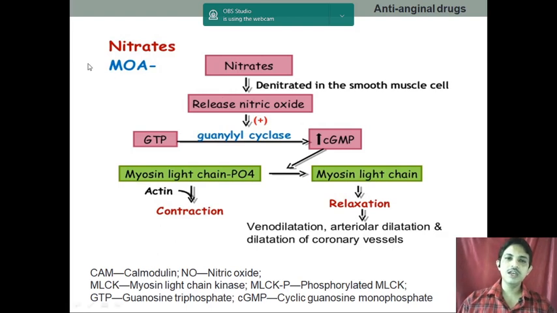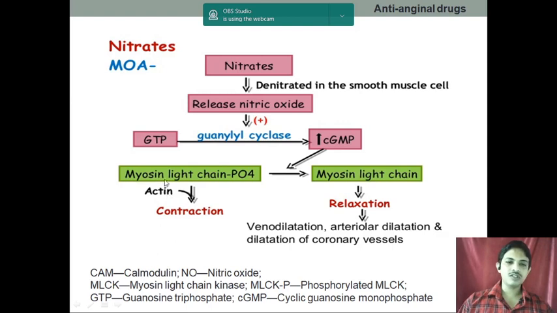Now, GTP or guanosine triphosphate, in the presence of guanyl cyclase, converts into cyclic GMP. This process is initiated by nitric oxide, and nitrates are responsible for the release of nitric oxide. So in the presence of nitric oxide, GTP converts into cyclic GMP in the presence of guanyl cyclase.